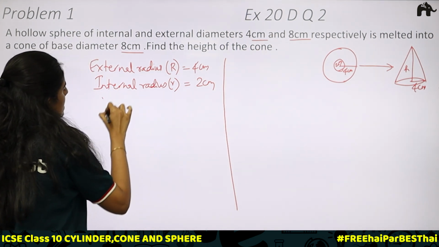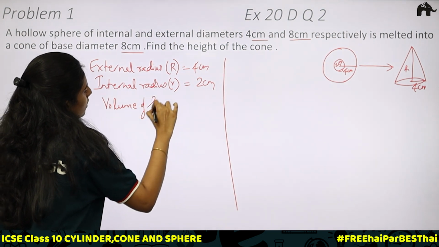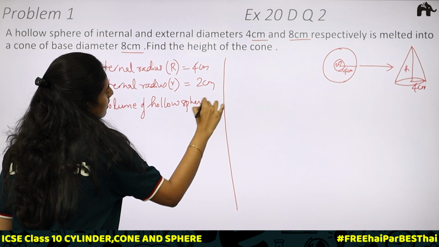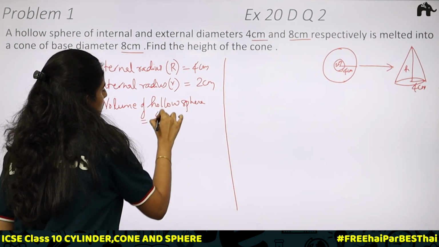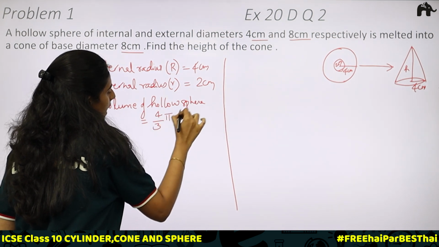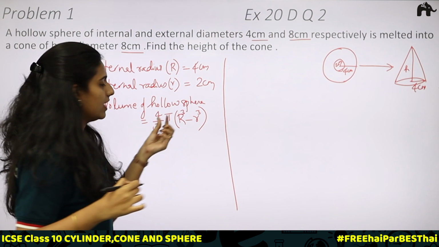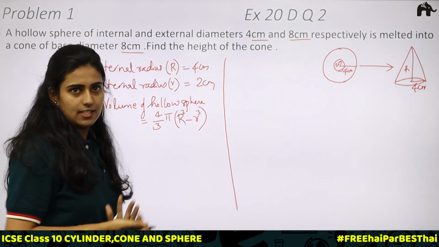Then, what is the volume of the hollow sphere? What is the formula? It is equal to 4 by 3 pi into capital R cube minus small r cube, where capital R is the external radius and small r is the internal radius.